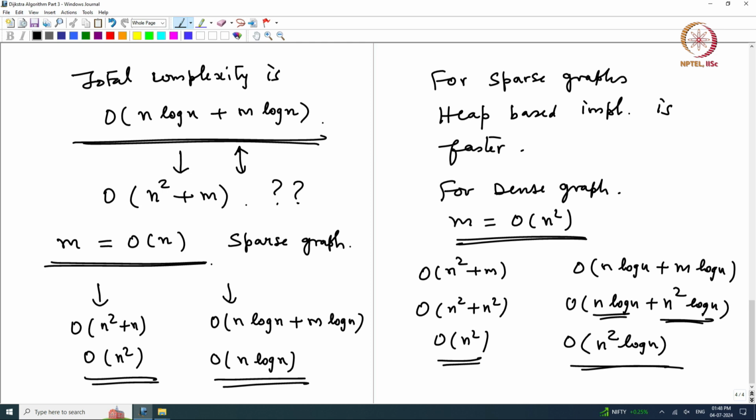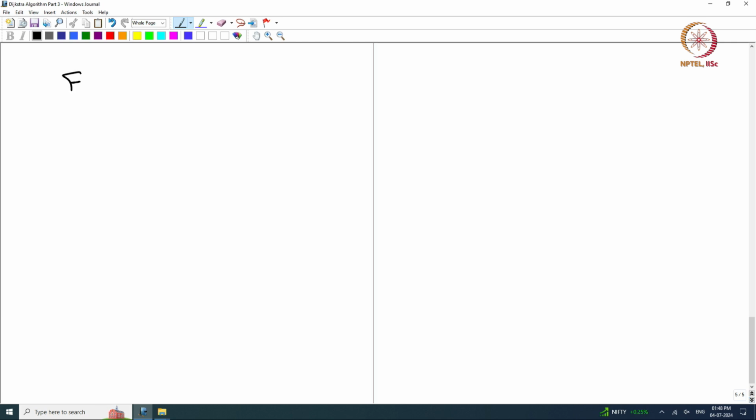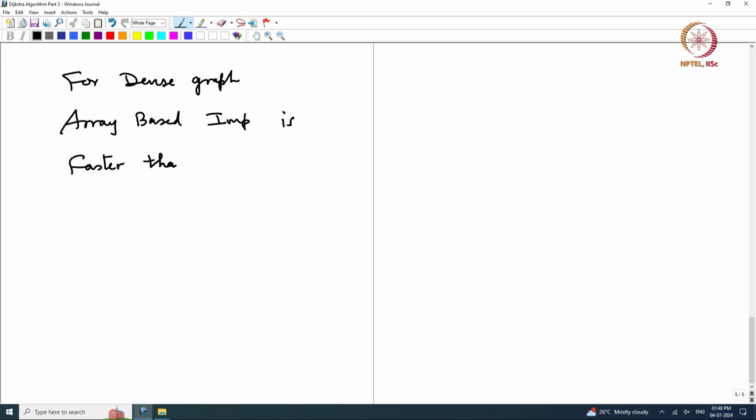So, for dense graph, therefore, the conclusion is that array based implementation is faster than heap based implementation.